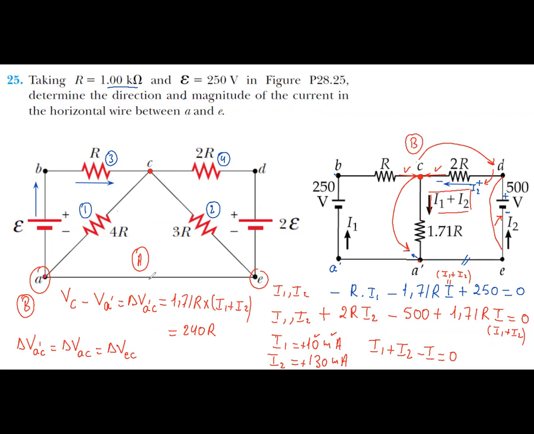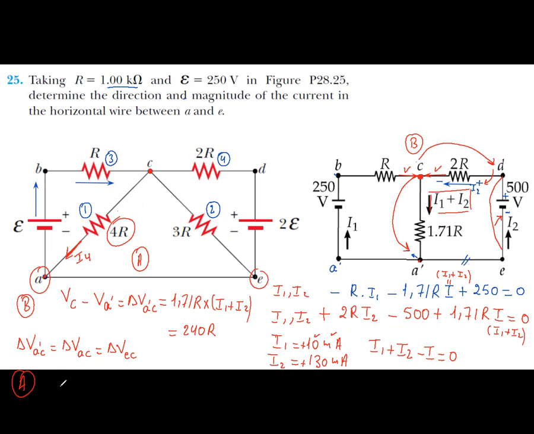So we come back to figure A. As we have the potential between A and C, and we have the resistance, we can find the current easily. Let's say here we have a current I4.